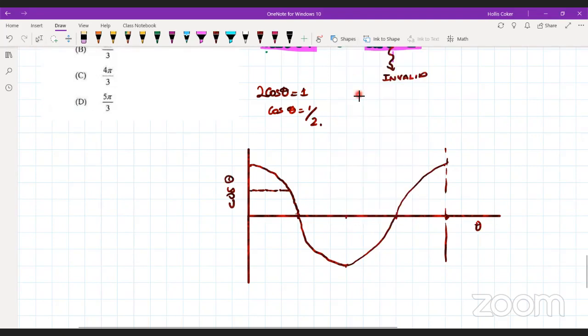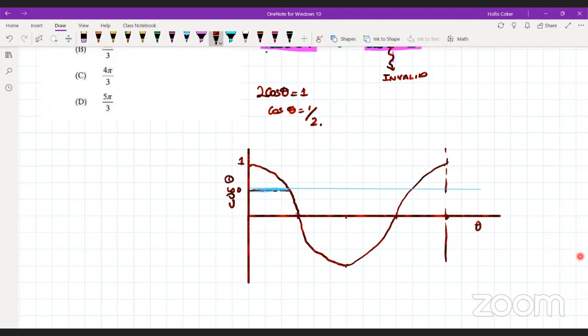From here, I draw a line straight across. So this is a half here. This is 0.5 here, and 1 here, 1.0.